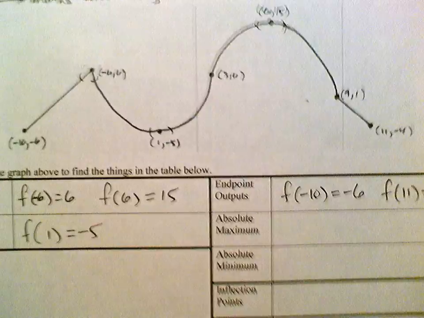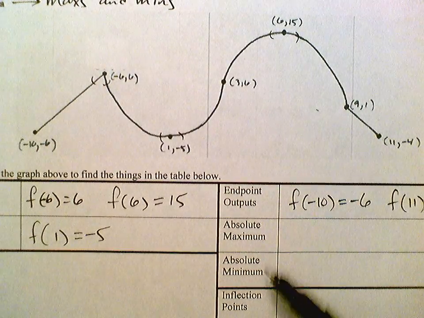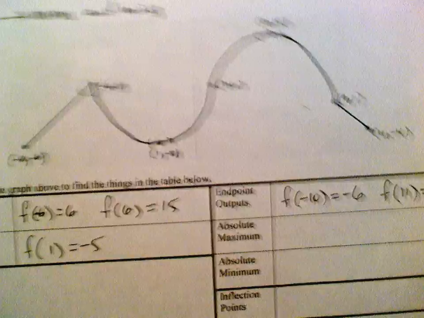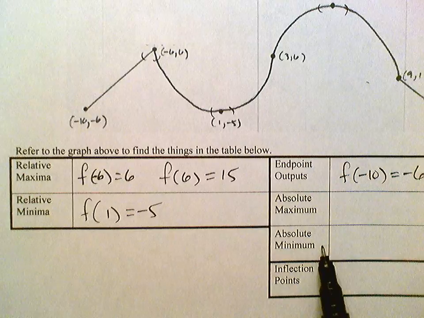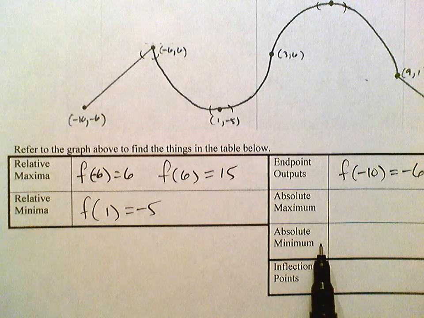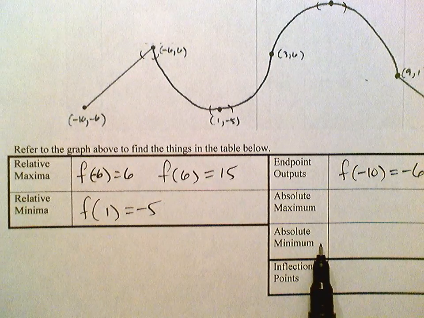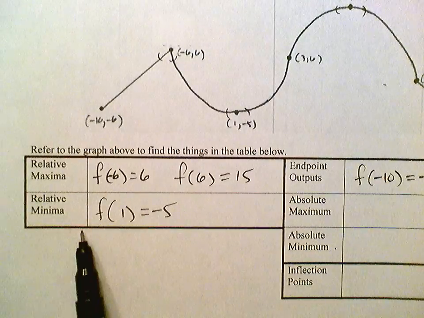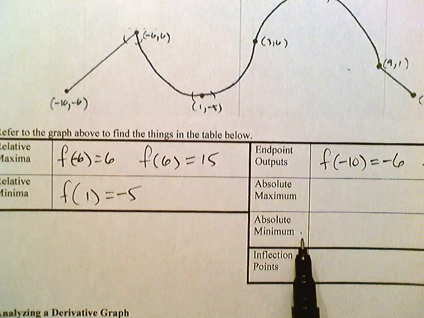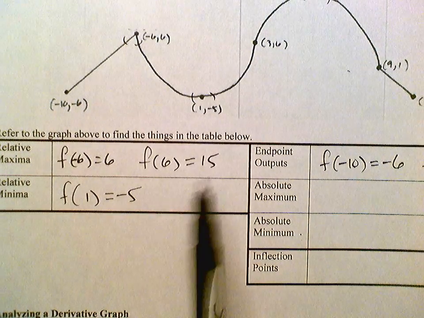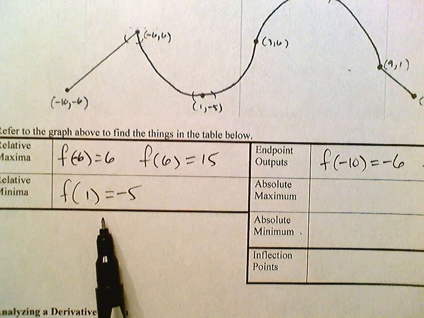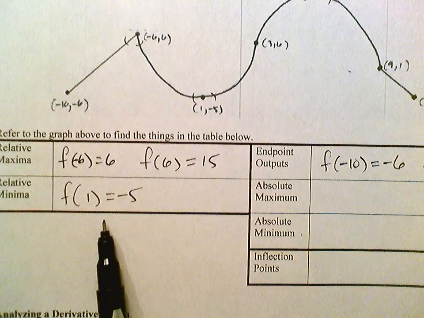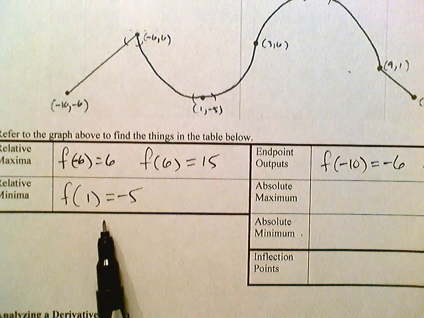And the reason I did this is because absolute maximums and absolute minimums are different than relative maxes and mins, in that here we want the highest or lowest y values overall. Okay, so a relative max or min could be an absolute max or min, but just because it's a relative max or min doesn't mean it's the highest or lowest point overall. It could be one of the endpoints that is lower or higher.